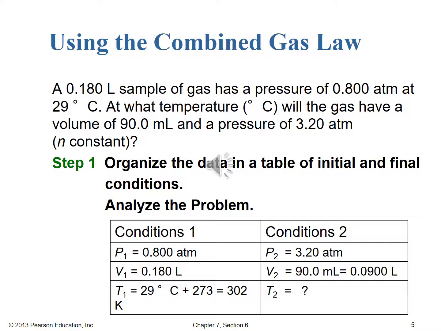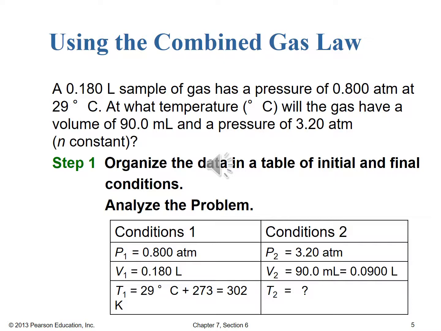So in this problem, we have a 0.180 liter sample of gas, has a pressure of 0.800 atmospheres at 29 degrees Celsius. At what temperature in degrees Celsius will the gas have a volume of 90.0 milliliters and a pressure of 3.2 atmospheres? We're holding N constant, but we are making changes to both volume and pressure, and we've got some units that are going to make problems for us.